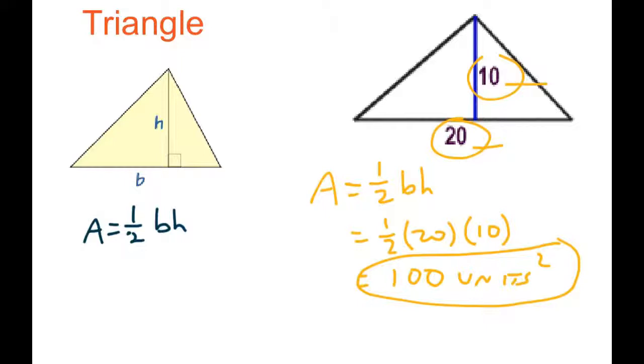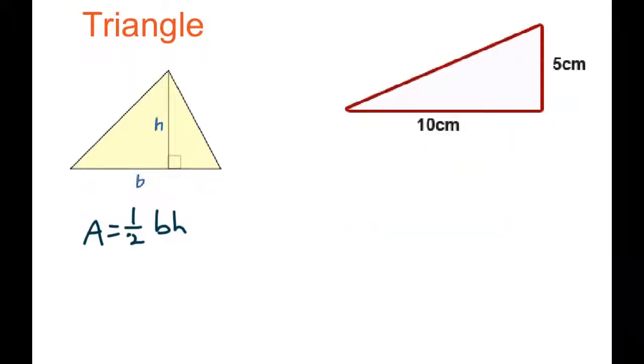Alright, now that's area of a triangle when the height is inside the triangle. Here's an example where this is our base and this is a right triangle and the height happens to be the leg of the triangle, so that's our height. But we're still going to use the same formula, 1/2 times the base times the height.